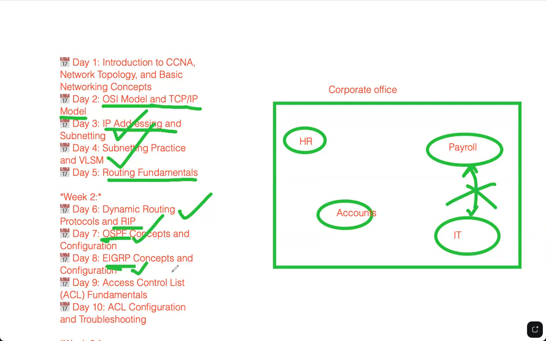So ACL is nothing but access control list, where you can put permit or deny statements on the interfaces of a network device, whether you want to allow the traffic or deny the traffic. It's just like a security control, whether you want to allow the IP address to go out or come in.